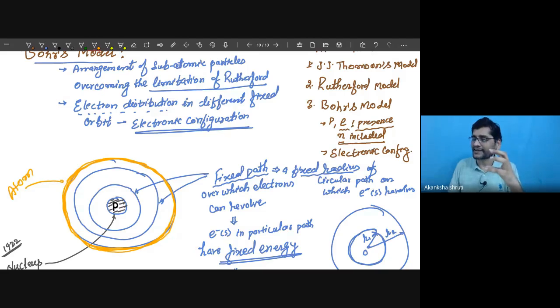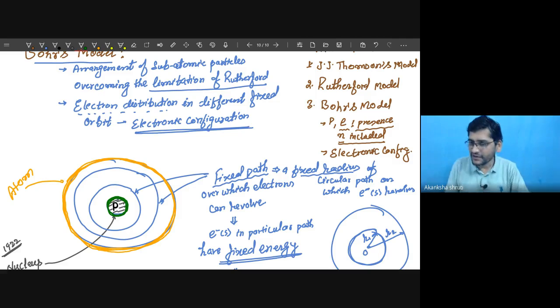Atoms are spherical in shape. Then inside this atom, the center region is called the nucleus.